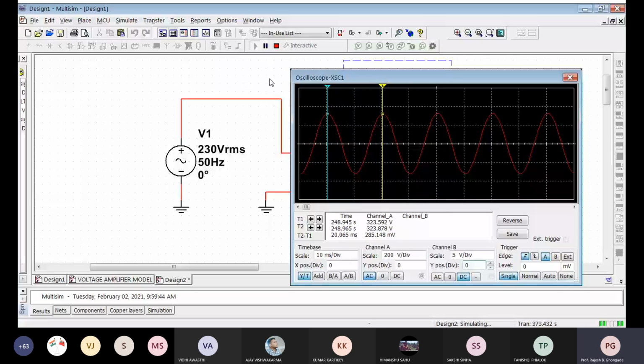Why I'm stressing on simulation is because right from the beginning, for the last 15 years, I've been stressing on simulation. Many students are, number one, a little bit afraid of working with real hardware. They think that it may get damaged or something like that. Secondly, it may not always be practicable to hook up all the components physically and test them.